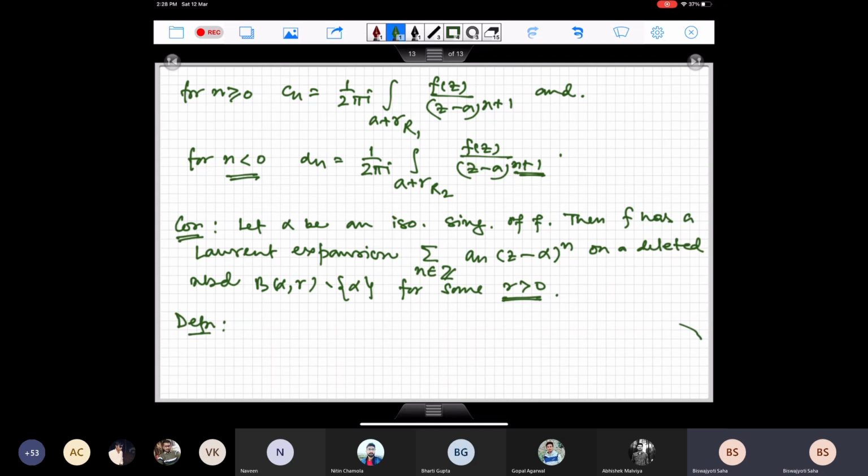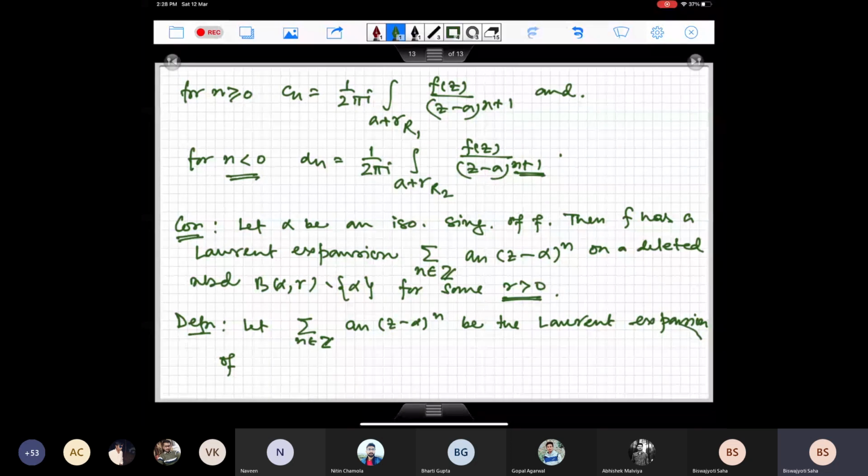Let the summation over n in Z of a_n (z minus alpha) to the power n be the Laurent expansion of f around alpha.